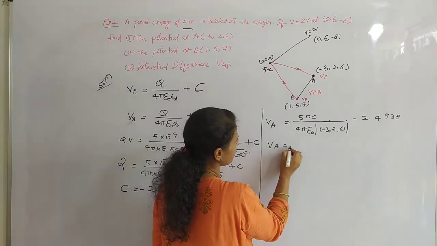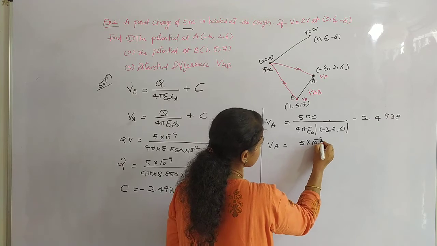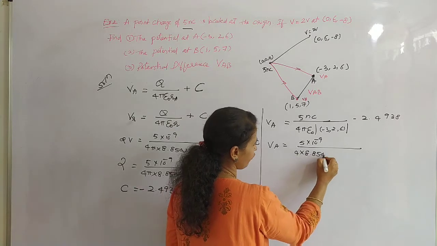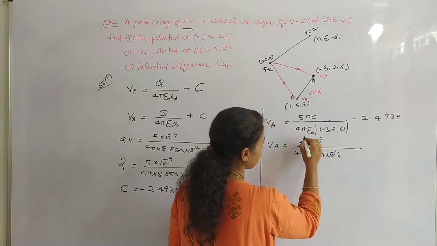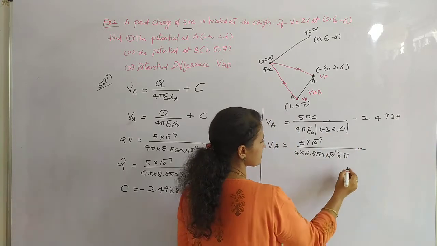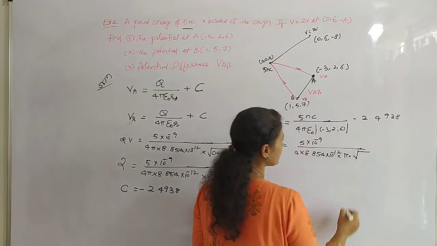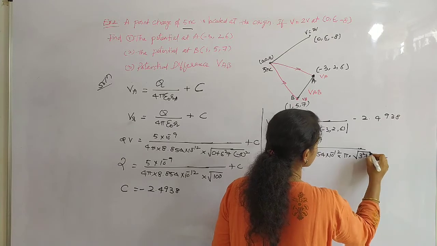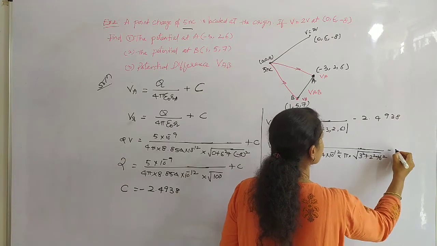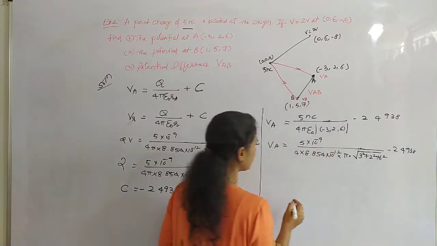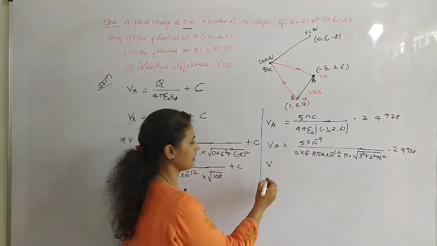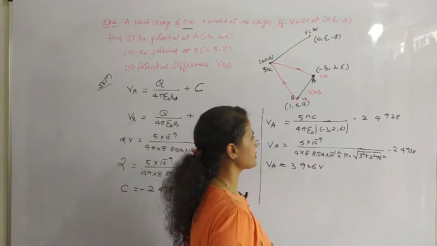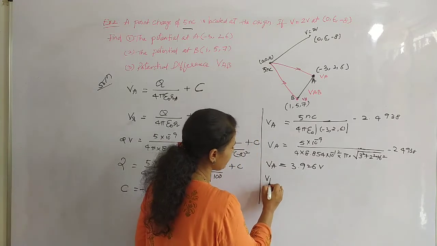So VA is 5 into 10 raised to minus 9 by 4 pi into 8.854 into 10 raised to minus 12 into the square root of 3 square plus 2 square plus 6 square, minus 2.4938. Simplifying all these terms, we get VA as this much.